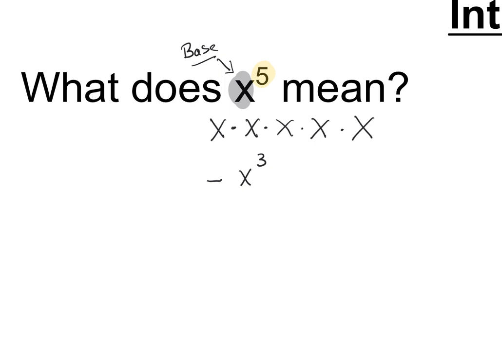Because it's not being raised to a power, that negative is not part of the base. So if I was going to expand this, this means the negative of x times x times x, because the x is the only part that is being raised to the 3rd power in this case.